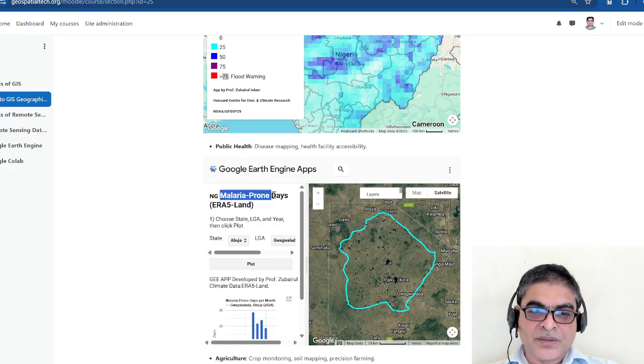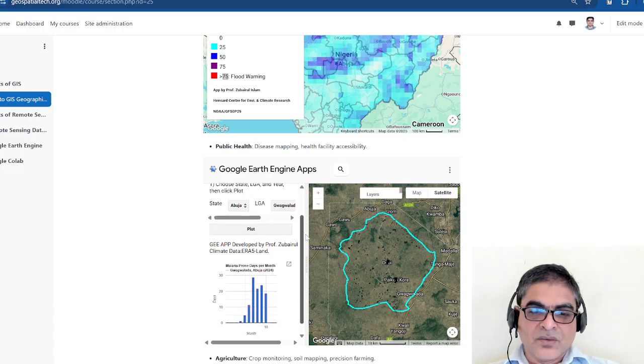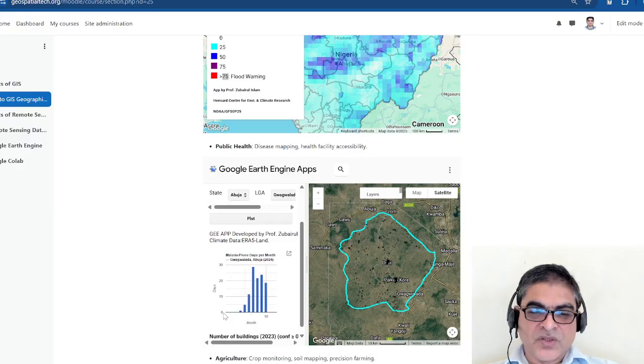Here these are the malaria prone days. You will see monthly data from January to December, showing which month has the highest malaria days.